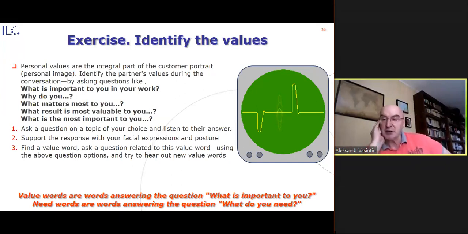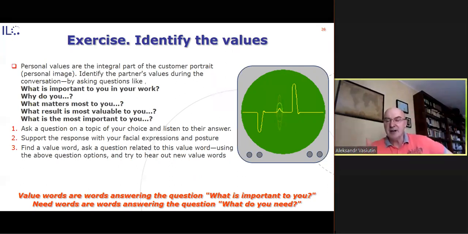How can you reveal the values? The person is transparent, is open, he's not reserved, like there are transparent substances. And in a similar way, when we have some knowledge, some understanding, we can easily get the information about the values of a person we talk to.